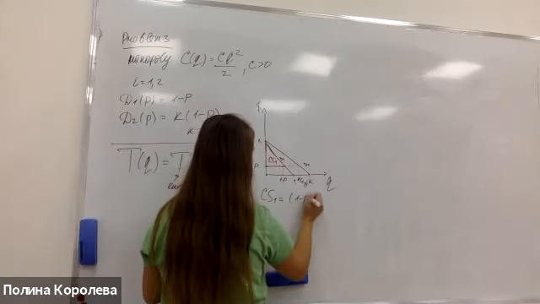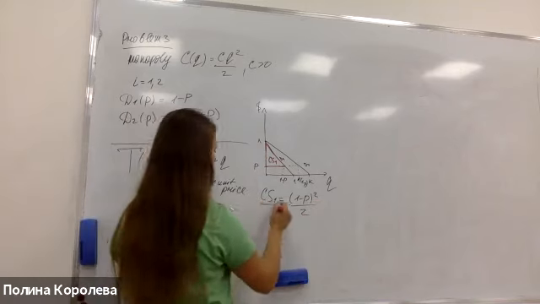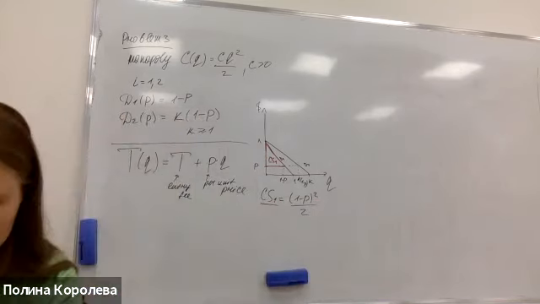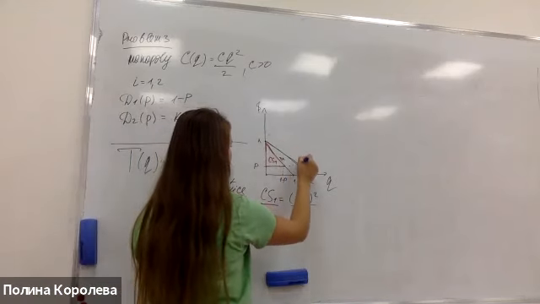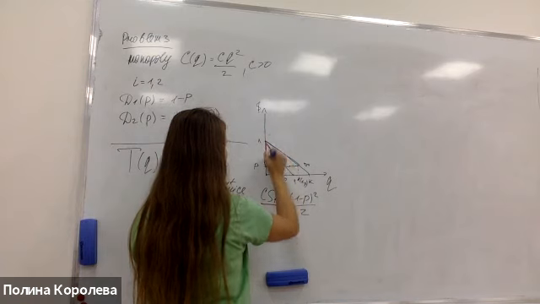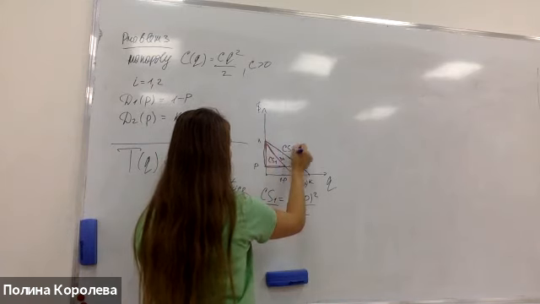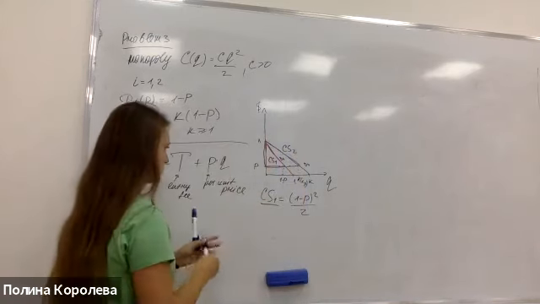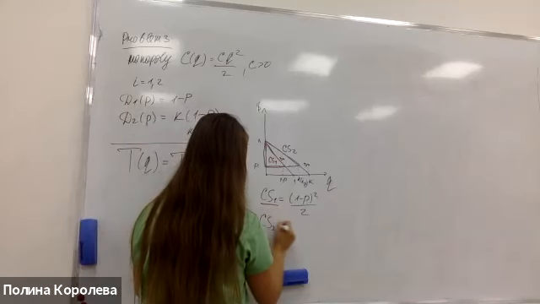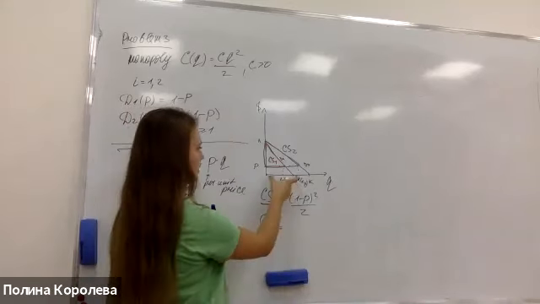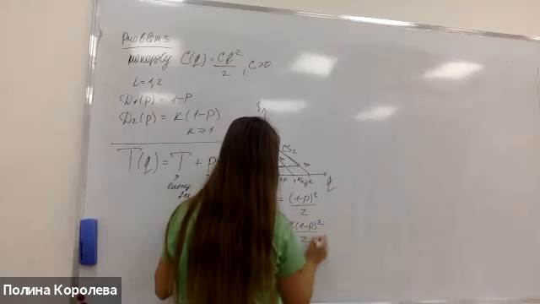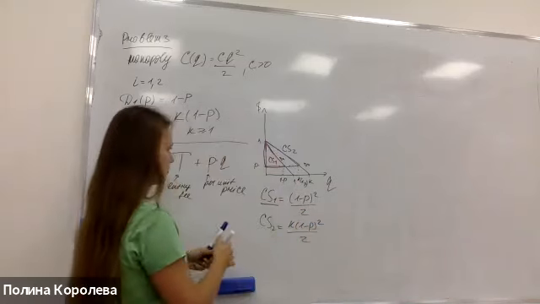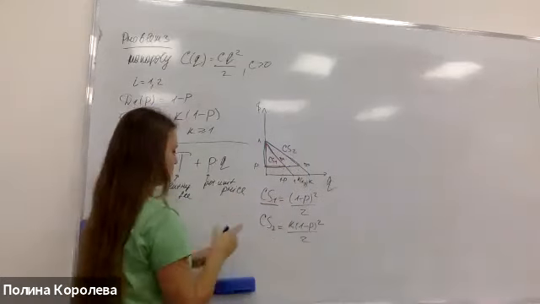It will be 1 minus P squared divided by 2. For the second consumer, it will be K multiplied by 1 minus P squared divided by 2. Blue area.